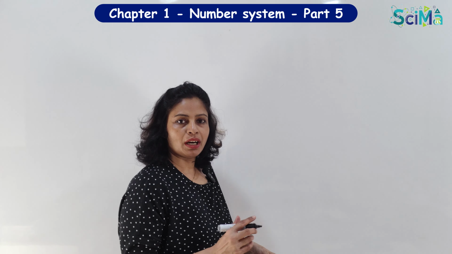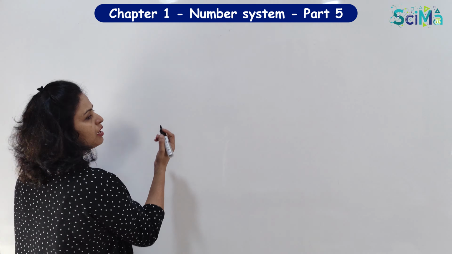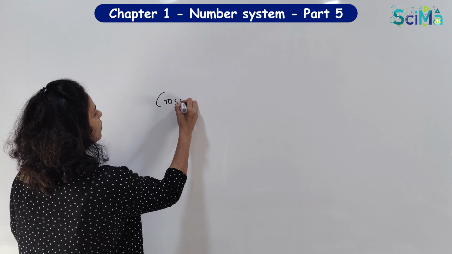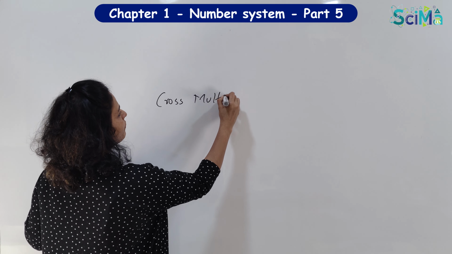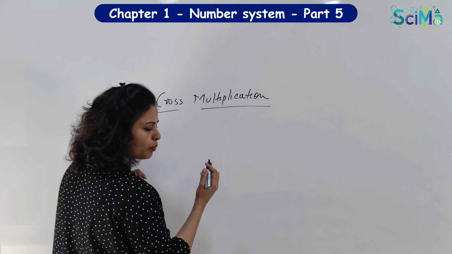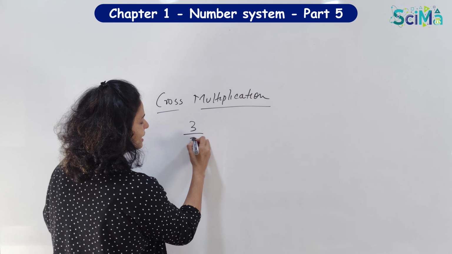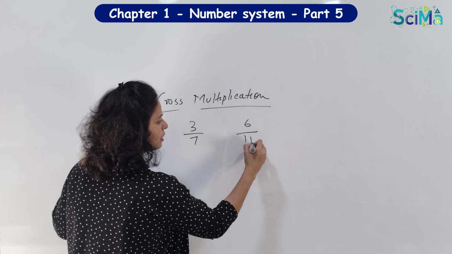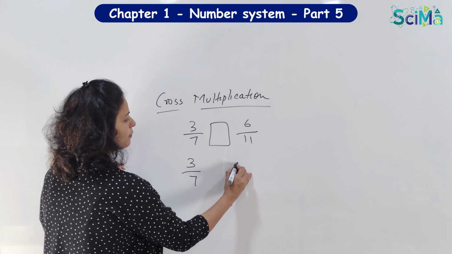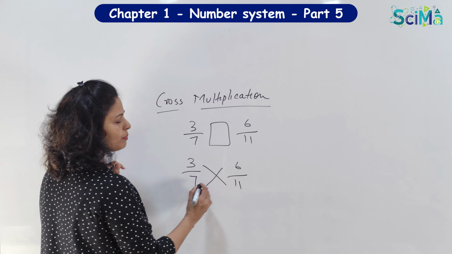Apart from taking the equivalent form of the rational number, we have one more method that is a shortcut kind of method, which is the cross multiplication method. This will be easy for you to compare. Suppose I take the example 3 by 7 and 6 by 11. You cross multiply.